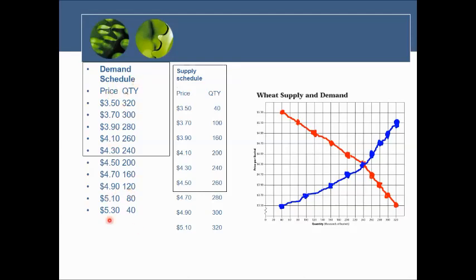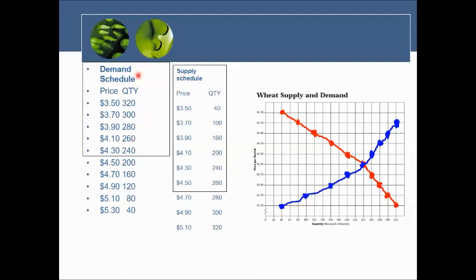As the price increases, the quantity demanded decreases. And for the supply schedule, as the price increases, the quantity supplied also increases. We will discuss this in the next slides.